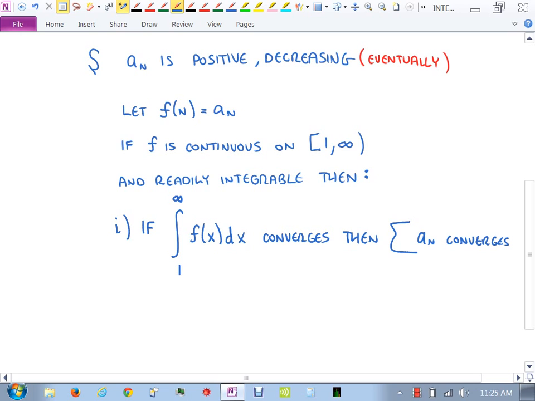Well, I should say after the second property, but right now, if the integral converges, so if the integral goes to a number, so does our series. Our series converges to a number. And then the second part says, if the integral diverges, what do you think? Yep. The series diverges.